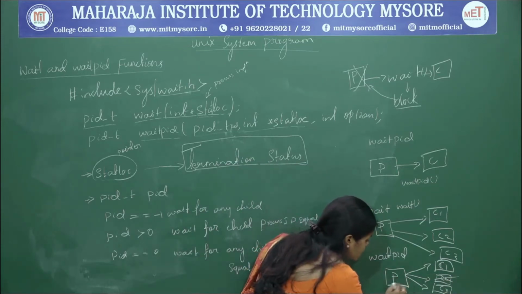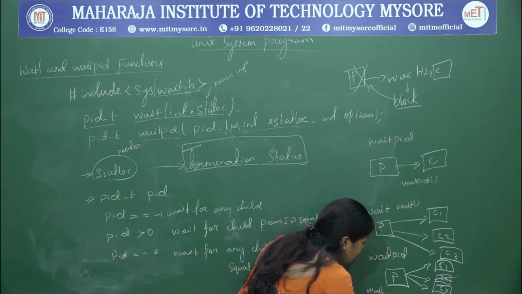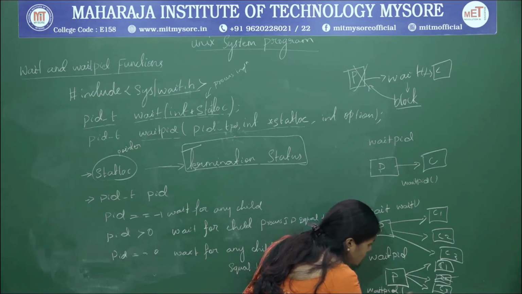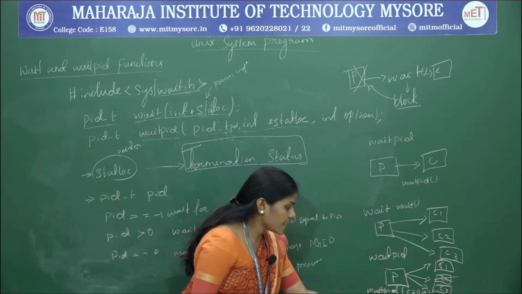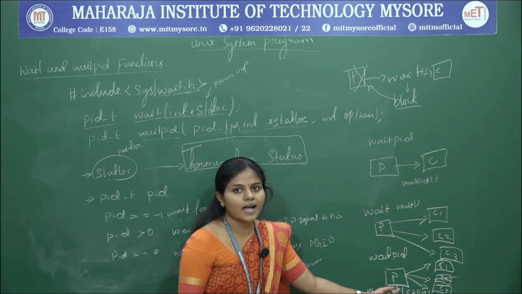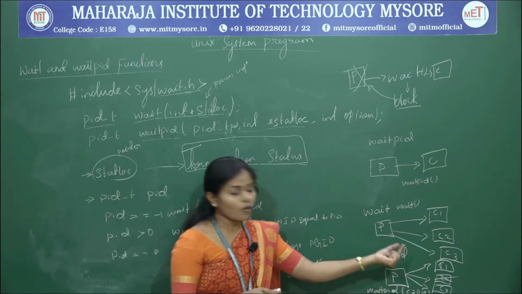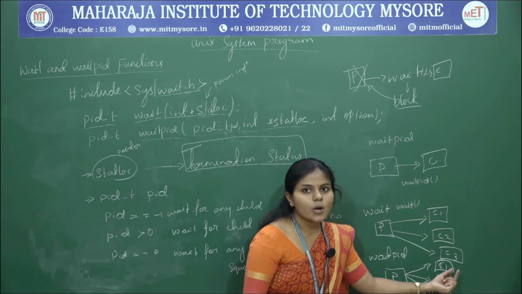In that case, it makes use of the PID and calls with the PID of child 2. This indicates that waitpid is waiting for the particular child.